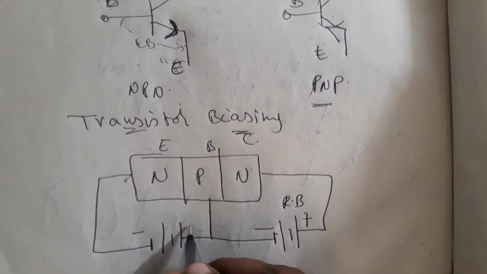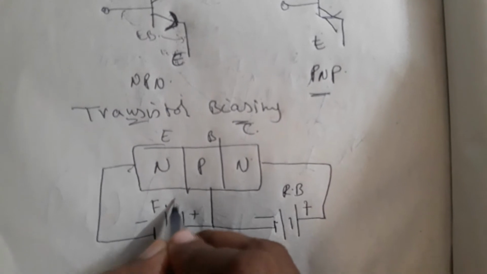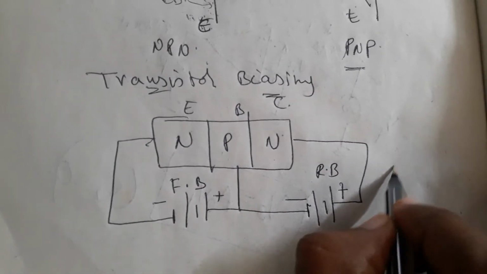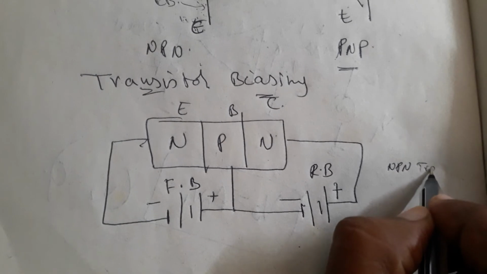This is minus, this is plus; this is the forward biasing. This is the NPN transistor biasing. Next, PNP transistor biasing.